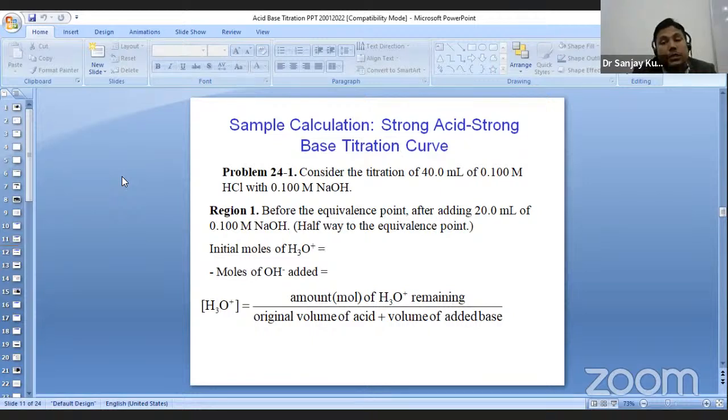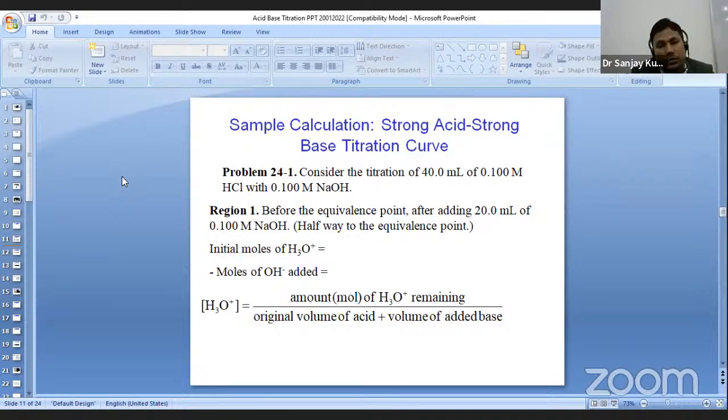Below pH 7, we can calculate with the hydronium ion concentration, and after pH 7, we calculate it by the hydroxide ion concentration. So we can find out the readings, the amount that is going to be neutralized with the other one.